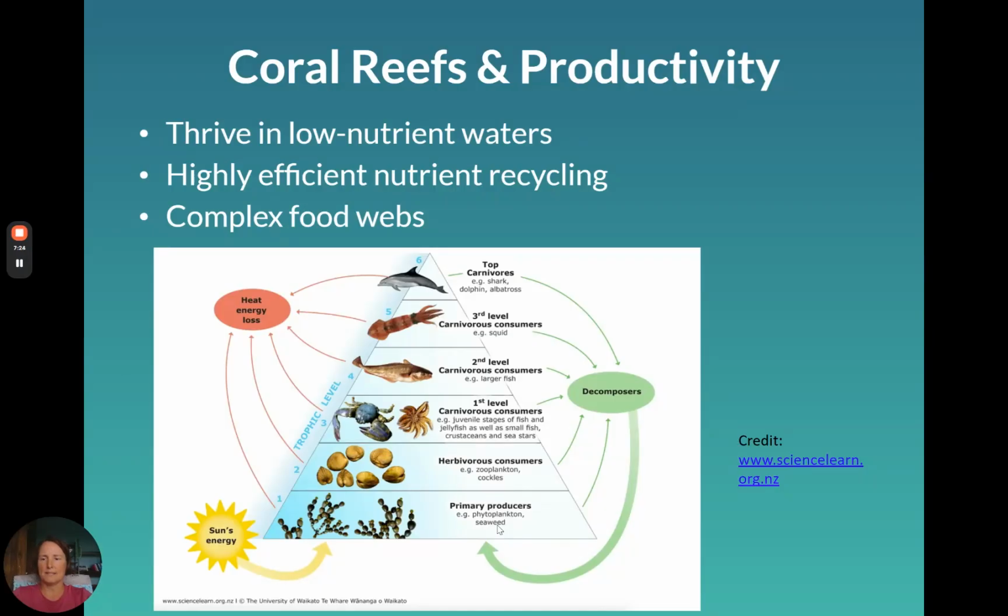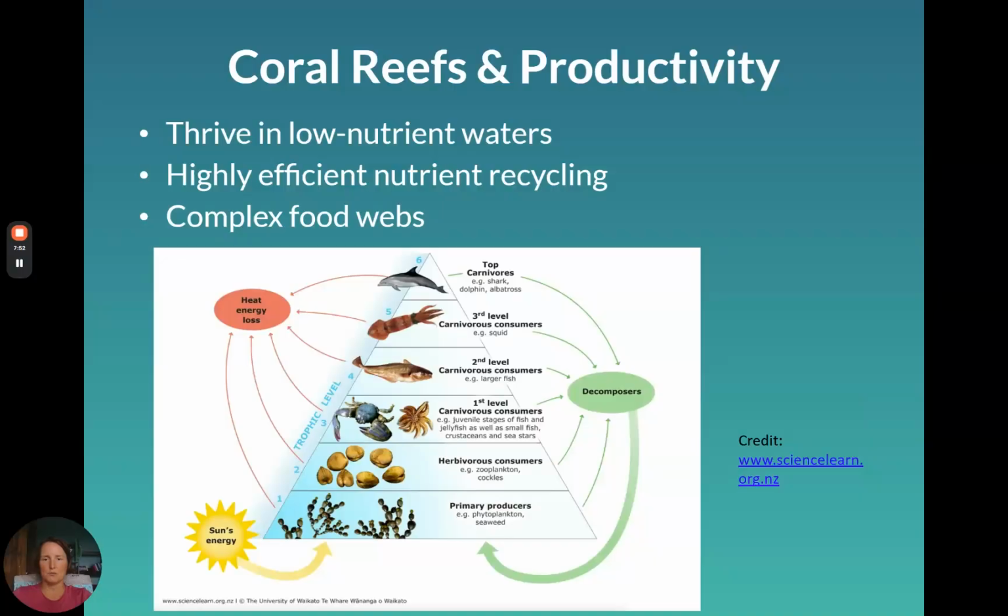There's high heat energy lost between each level, but these are all very important parts to that complex food web. So they're efficient, even though there's still a lot of energy loss between each trophic level. Essentially, reefs are like hotspots of productivity in otherwise low productivity regions.